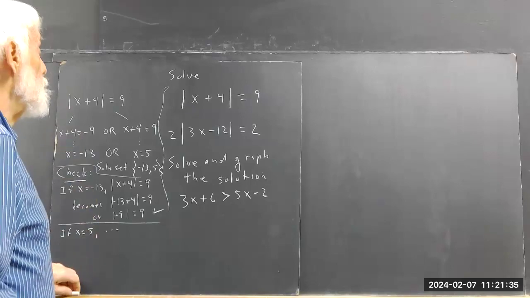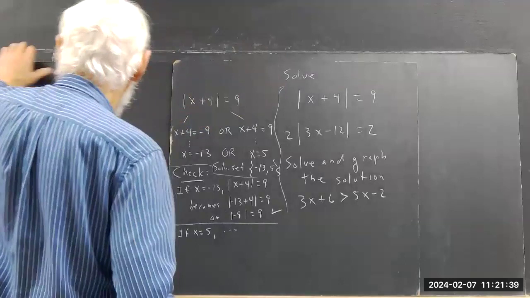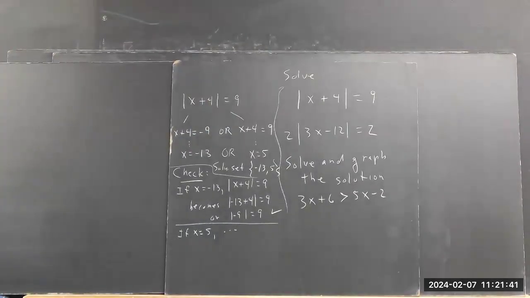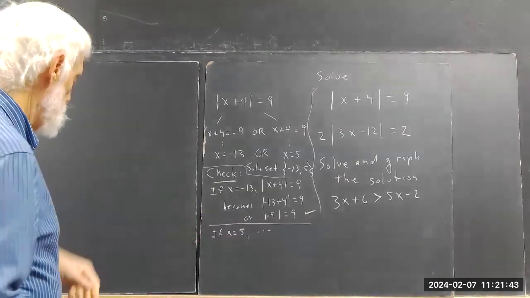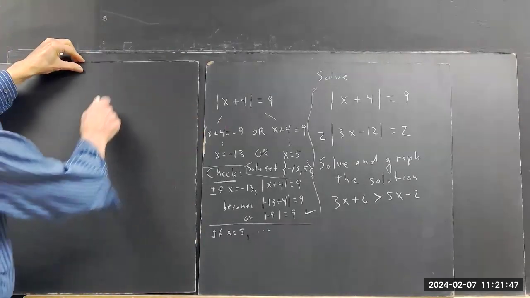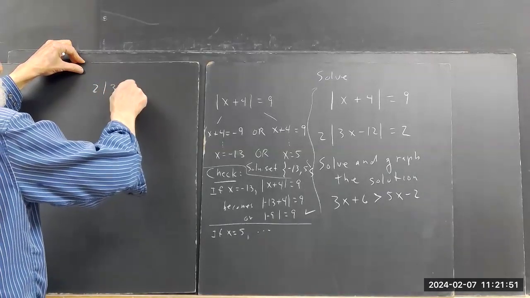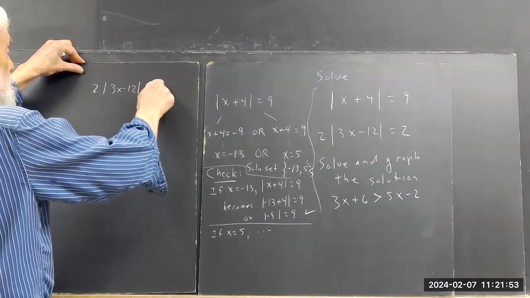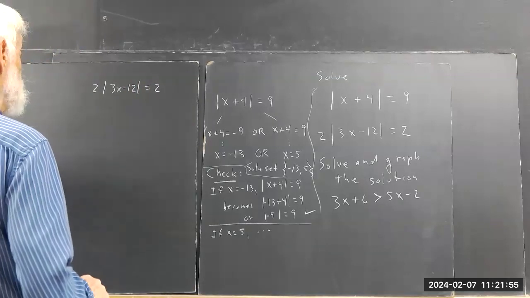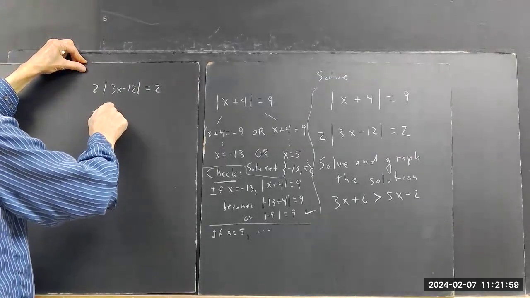Okay, well, we can then look at the second equation, which is 2 times the absolute value of 3x minus 12 equals 2. We divide both sides by 2.